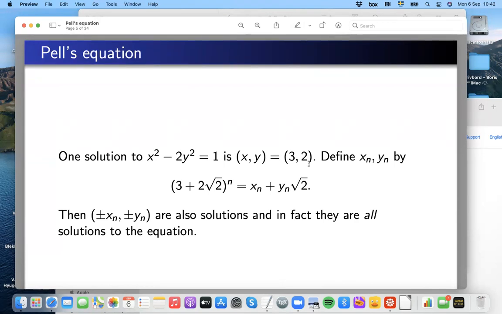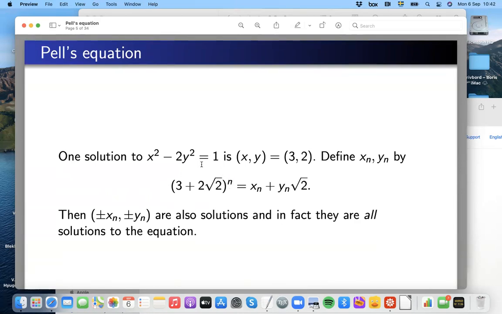And now we do a funny trick. We look at numbers of the form 3 plus 2 times the square root of this constant d, to the power n.